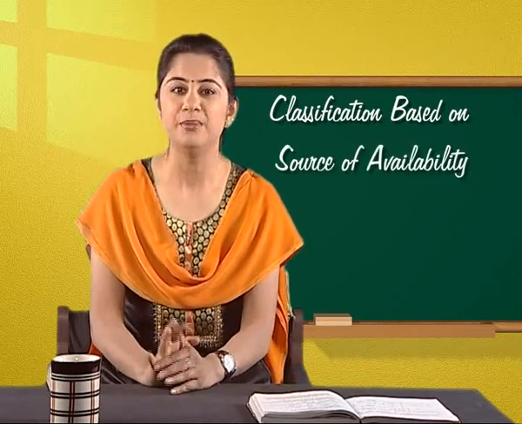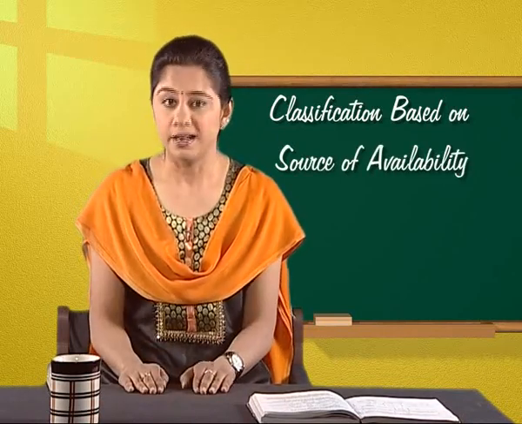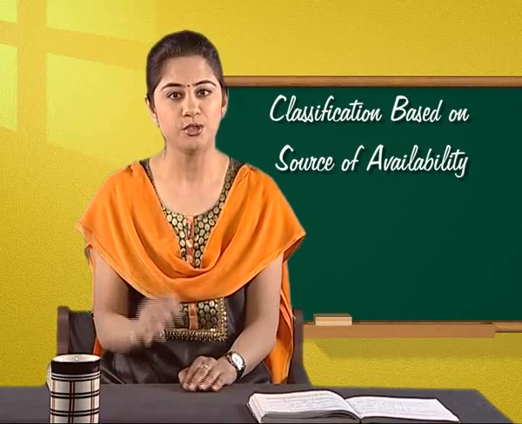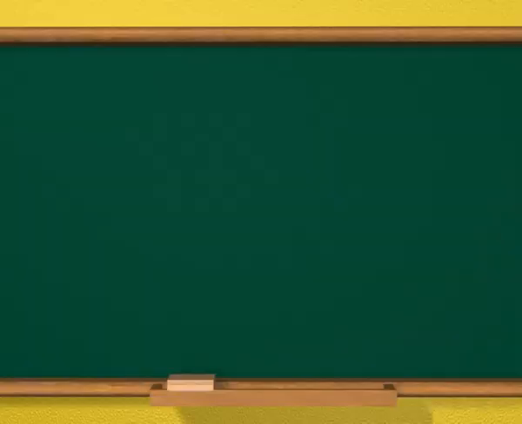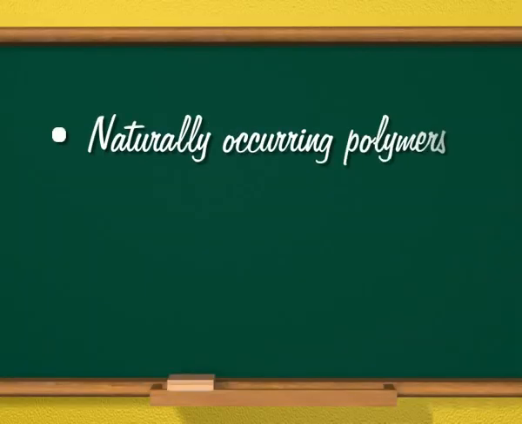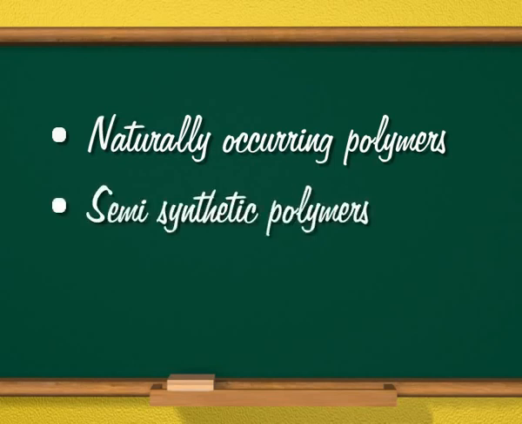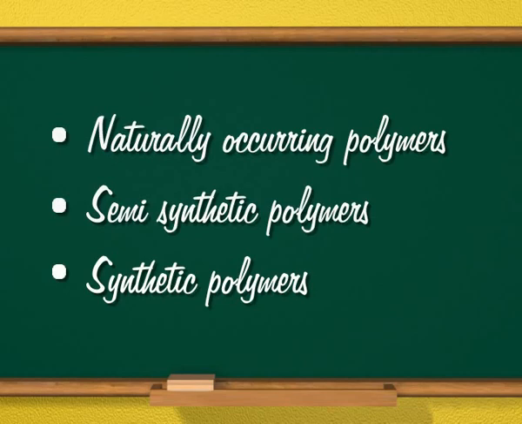Let us now learn about classification based on source of availability. Polymers are classified based on their source of availability as naturally occurring polymers, semi-synthetic polymers, synthetic polymers. Let us first discuss natural polymers.